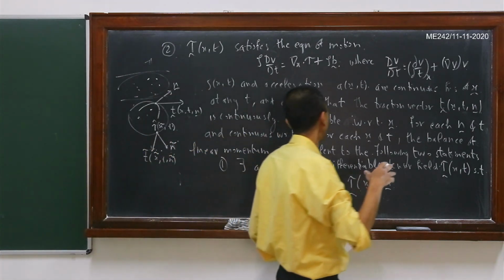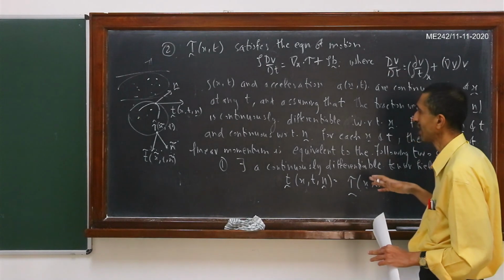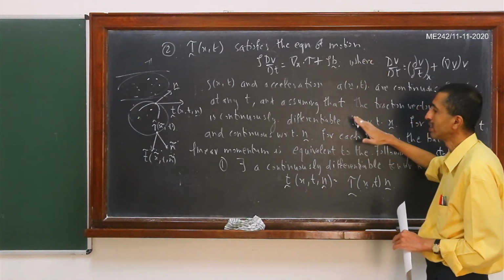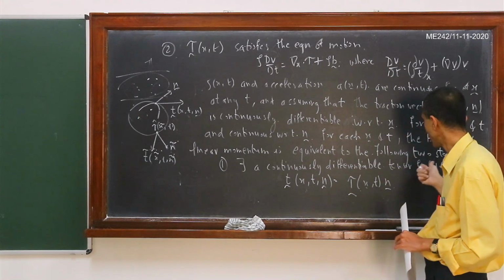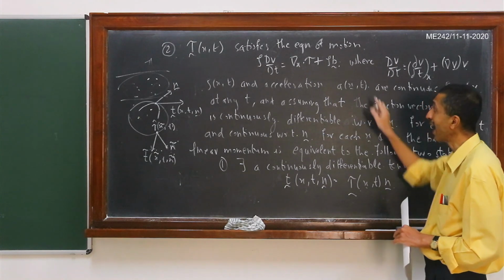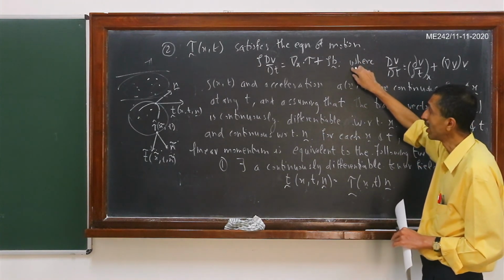So what we will show probably in the next class is that the balance of linear momentum implies that there exists a stress tensor such that the traction vector is equal to tau times n, and it satisfies this equation of motion.